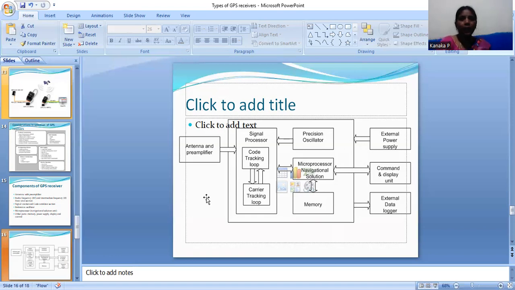Next one is electromagnetic distance measurement, EDM. Accurate distance measurement is one of the most difficult of surveying operations. The introduction of electromagnetic distance measurement has completely removed this difficulty.